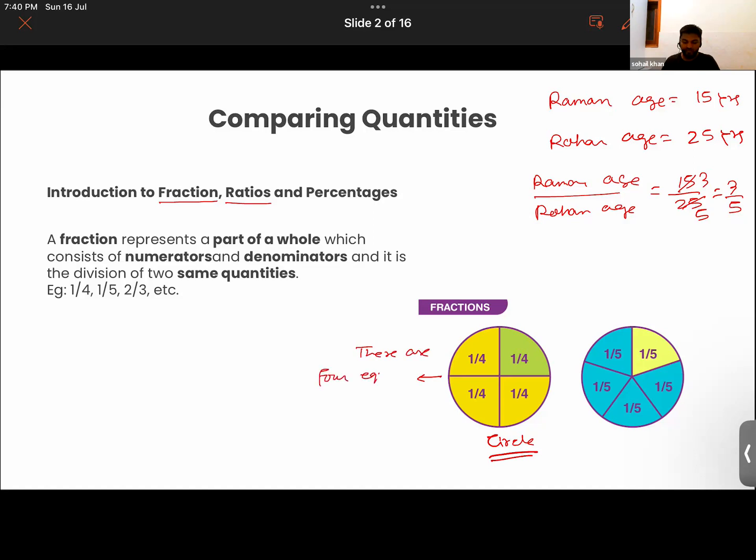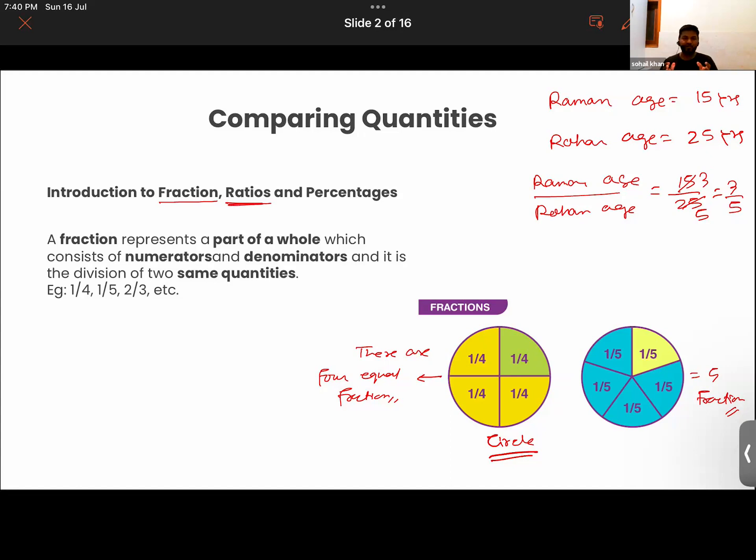And the next one is divided into how many equal fractions? 5. Yes, that is 5 fractions over here. Fractions are basically pieces of something. That is simply fraction. Next thing that I was talking about is ratio.